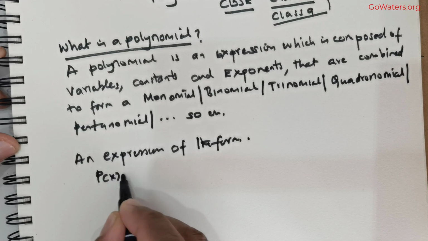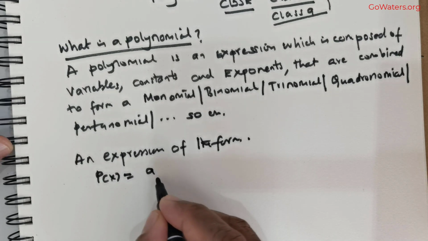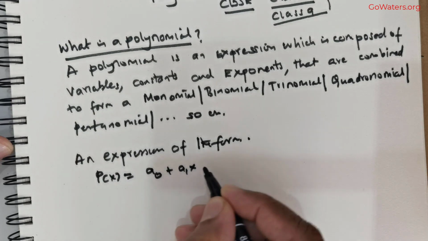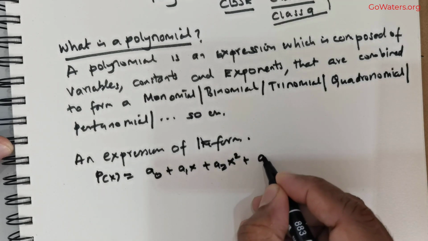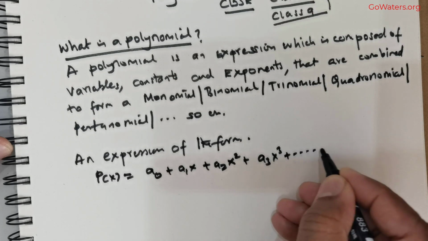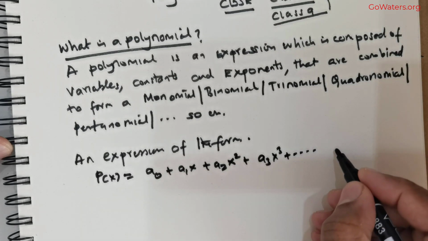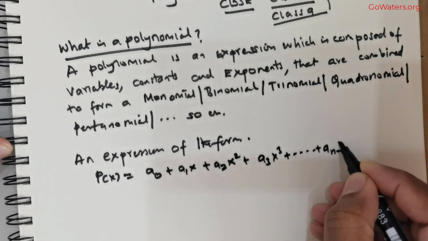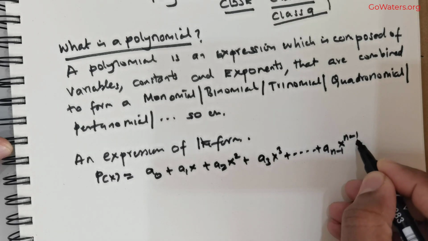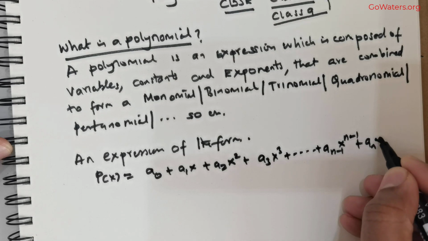P of x is equal to, you can start it like this, a0 plus a1x plus a2x squared plus a3x to the power of 3 plus etc. And the last but one term would be plus a(n minus 1) x raised to the power of n minus 1 plus an x to the power of n.